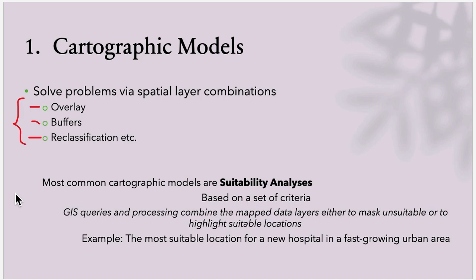So for cartographic models, you will be using GIS operation tools, and the most common cartographic models are suitability analysis, which are based on a set of criteria. For our lab this week, you will be performing a site suitability analysis for a new wind farm in the state of Colorado, following a set of criteria.